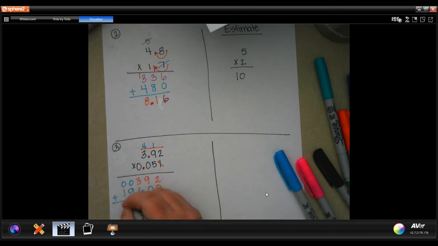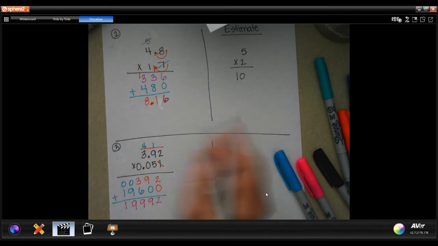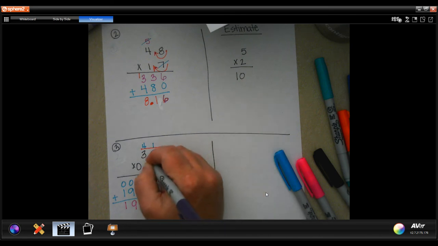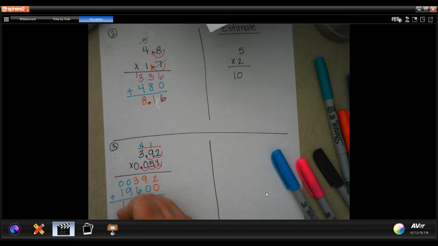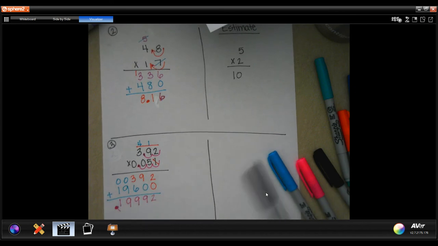And 0 plus 1, 1. Now I need to go back and take care of my decimal. 1, 2, 3, 4, 5 places. Now I need to go in 1, 2, 3, 4, 5 places. Again with these extra lines.